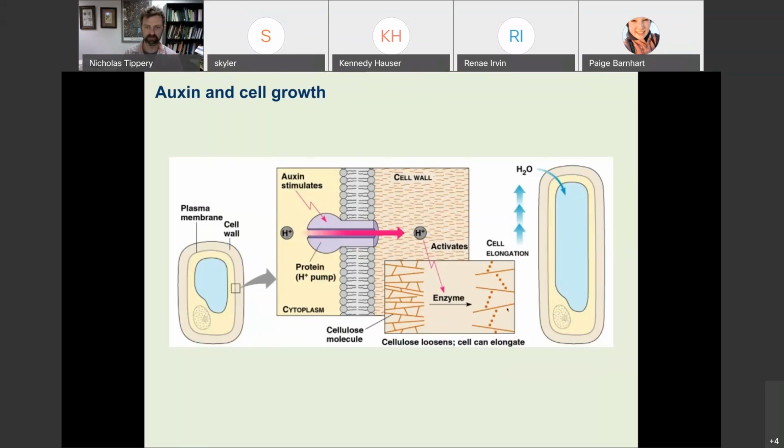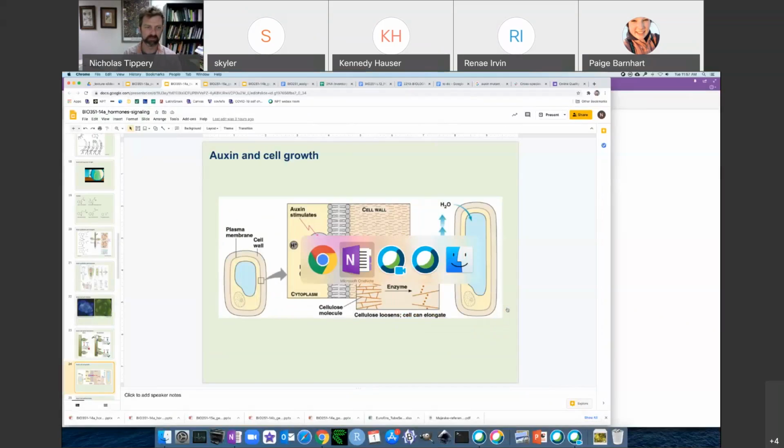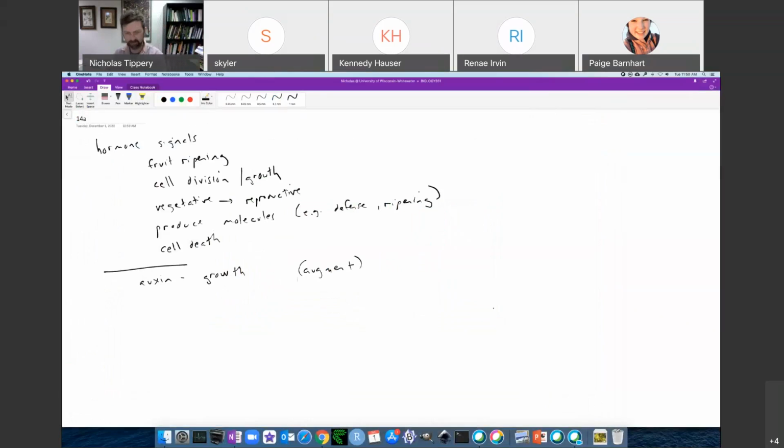So I'm going to go over to the video, which was nice in highlighting that feature of causing the plant to grow towards the light. So the auxin is made at the tip.